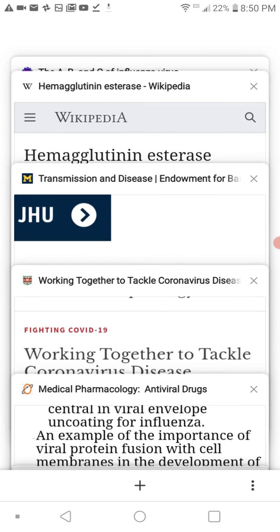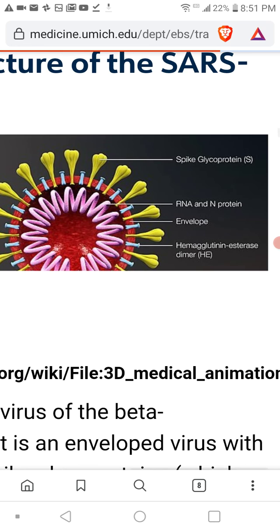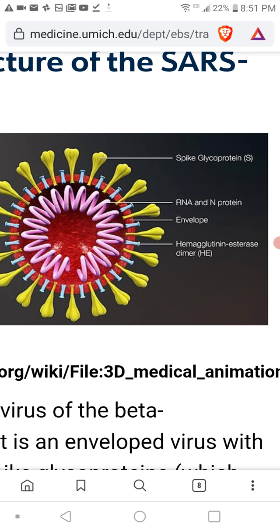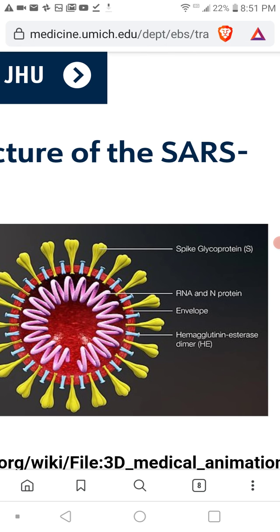But how do they explain the simple fact that these supposedly scholarly websites, probably in the know and probably accurate, are telling me that hemagglutinin-esterase dimers, which includes fusion, which includes 2 monomers that have 3 domains. So hemagglutinin-esterase dimer encompasses hemagglutinin-esterase fusion.